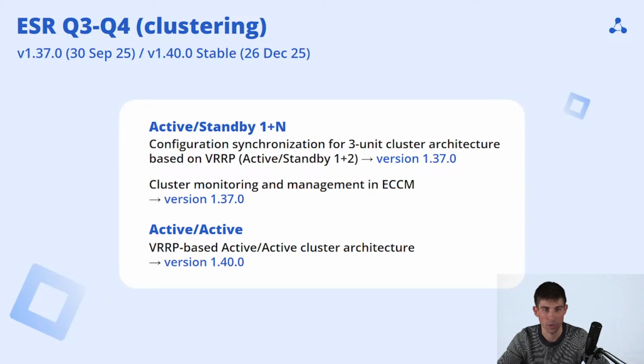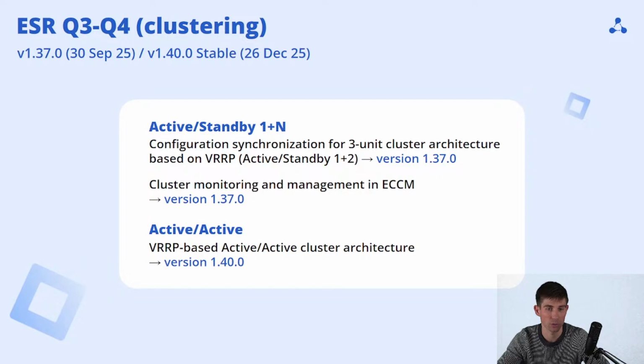So first part is clustering. It is quite big, and it is the feature that we are implementing based on VRP protocol, version 2, version 3. So first announcement, and actually announced it in the previous webinar, is active standby 1+2 cluster.